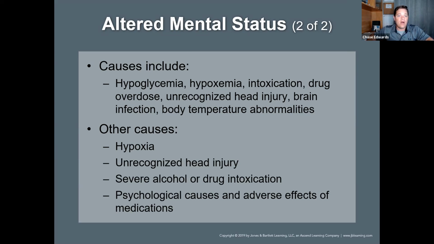All right. So hypoxia, unrecognized head injury. Talking about other causes of altered mental status. Severe alcohol or drug intoxication. People with alcoholism can have abnormalities in liver function, blood clotting, and immune system abnormalities as well, and that could also cause other altered mental status things if you have flare-ups.